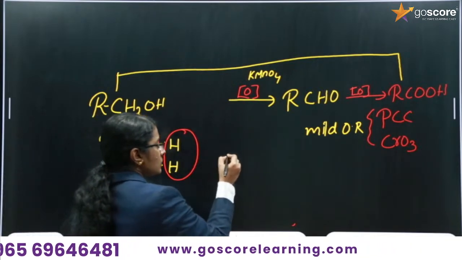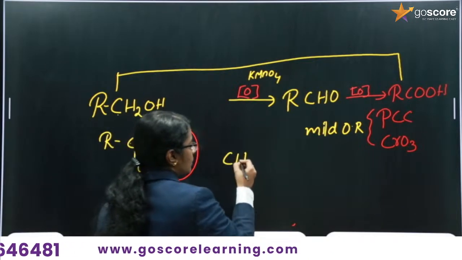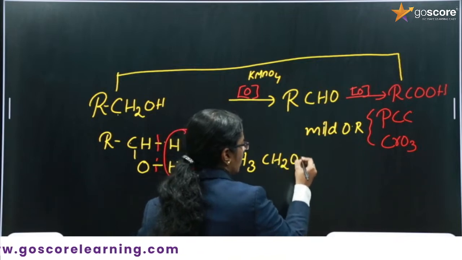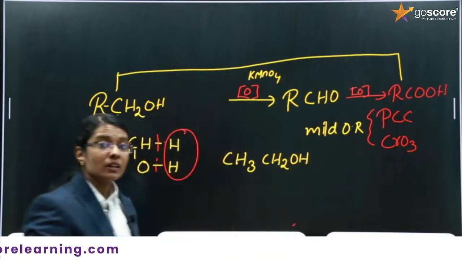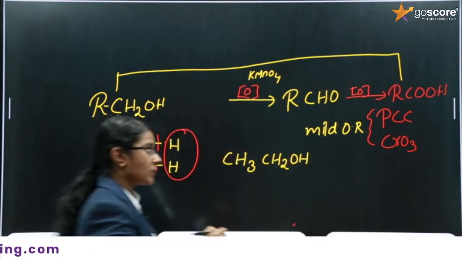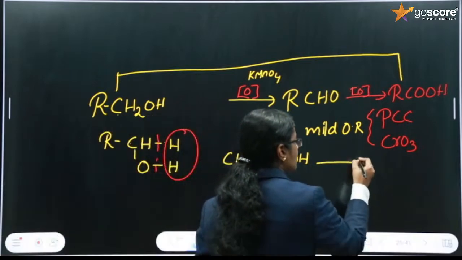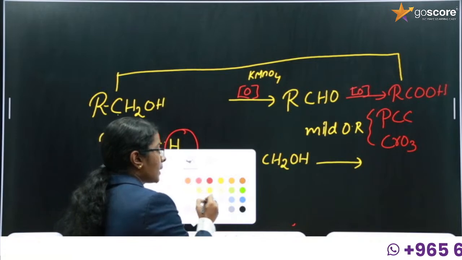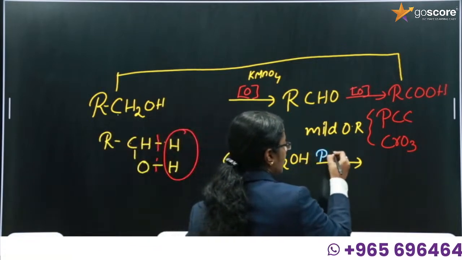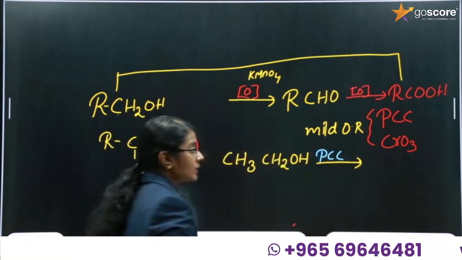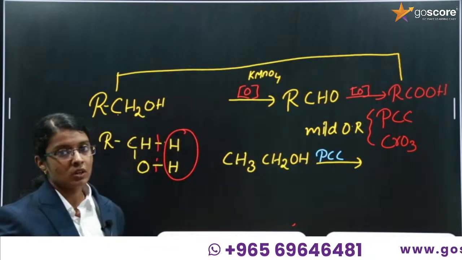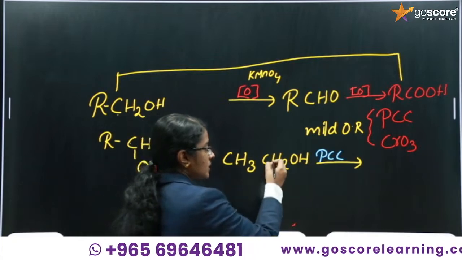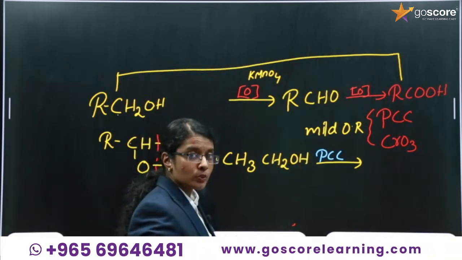So I will give an example. CH3CH2OH, this is ethanol. This ethanol on treating with PCC, pyridinium chlorochromate, the CH and OH bond cleavage will occur.